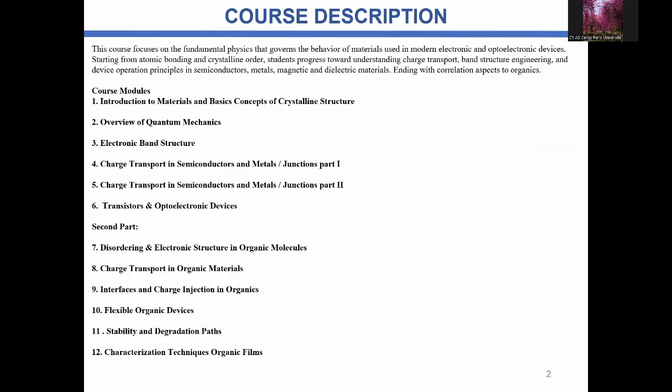In terms of ordering, organics are more disordered materials, and how through disorder they create the electronic structures that we can apply for optical or electric devices, and how we can also manage the charge transport in these materials.